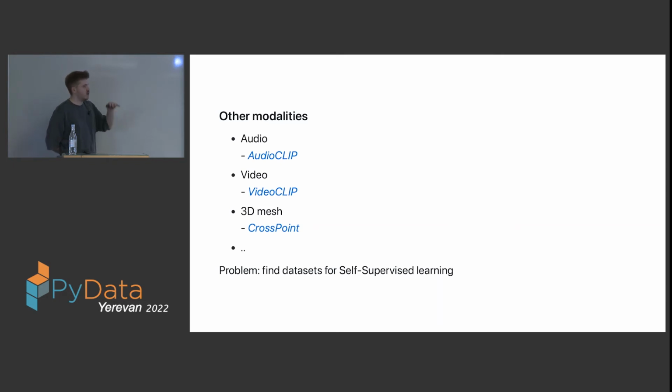Okay, for audio, text, and video, you can use videos, but not lots of videos on YouTube are properly labeled. Or imagine you want to find a dataset where the meshes are textually described. It's actually very complicated.